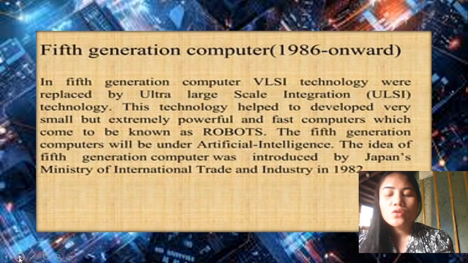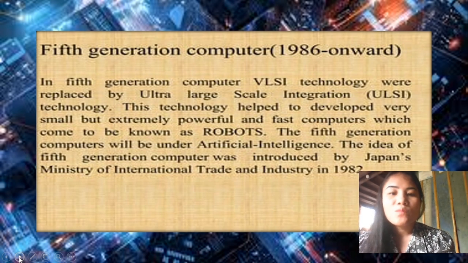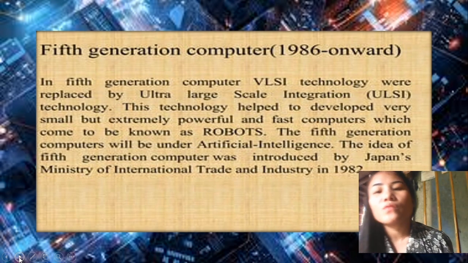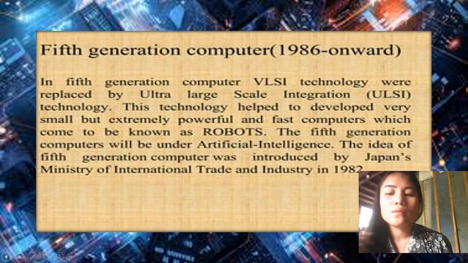The fifth generation computers will be under artificial intelligence. The idea of fifth generation computers was introduced by Japan's Ministry of International Trade and Industry in 1982. So this is the example of fifth generation computers onward.